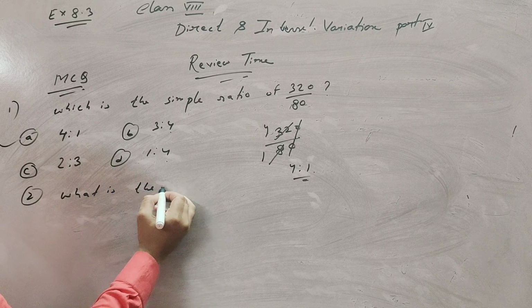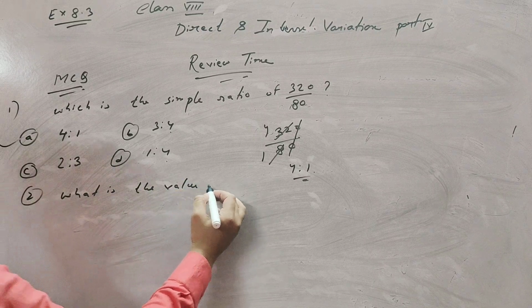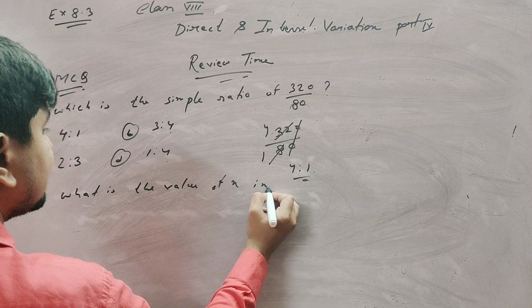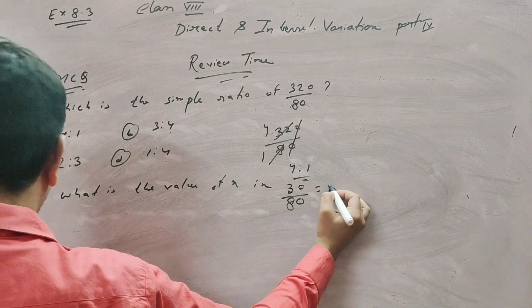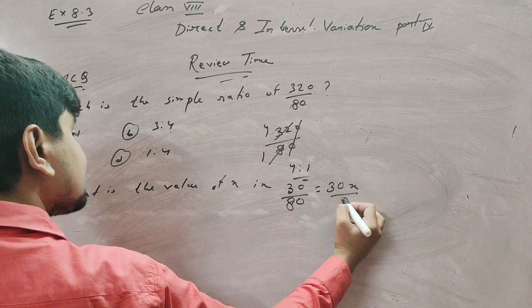Question number 2. What is the value of x in 30 by 80 equals 30x by 80?